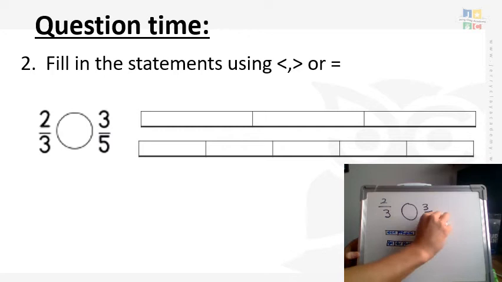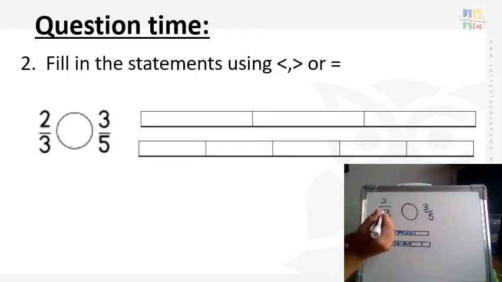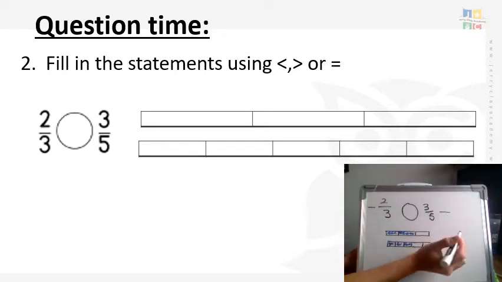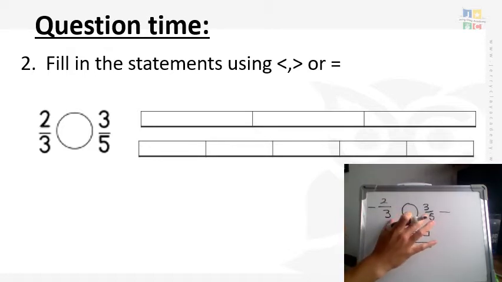So I'm going to show you how to do that, see if we can remember. So in order to compare them, I need to have where the denominator is going to be the same. Now I need to think of a number that both of these denominators go into. So let's pick the biggest number, 5, because that's bigger than 3, and let's count up in 5s until we find another number which 3 goes into.